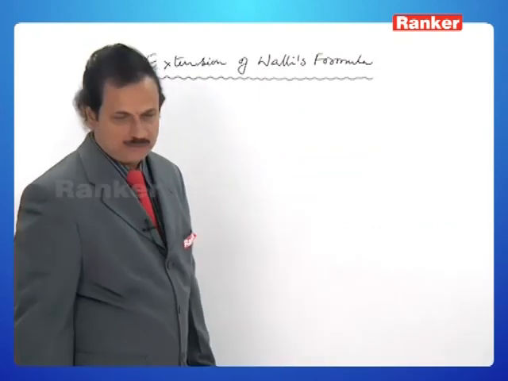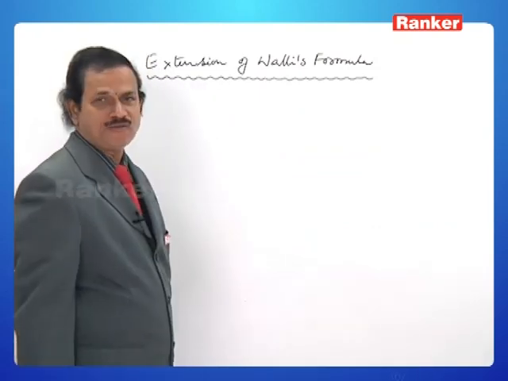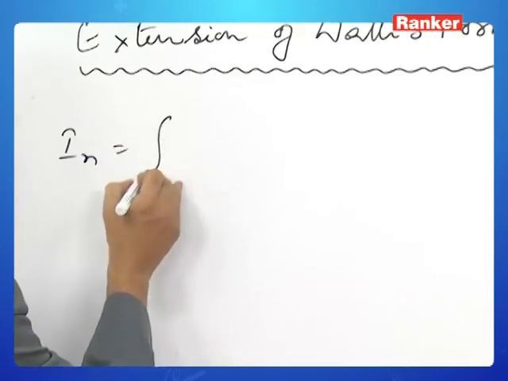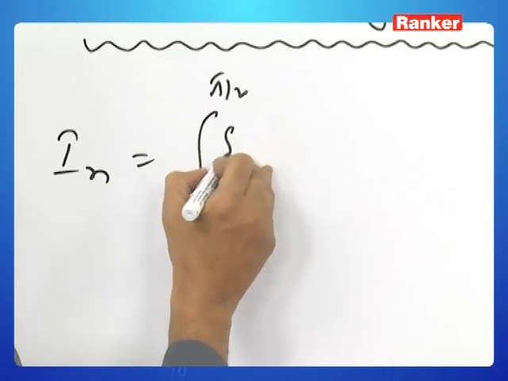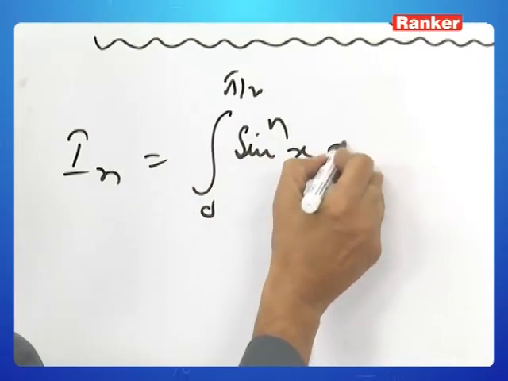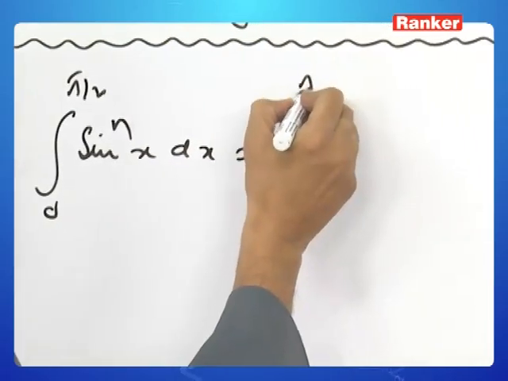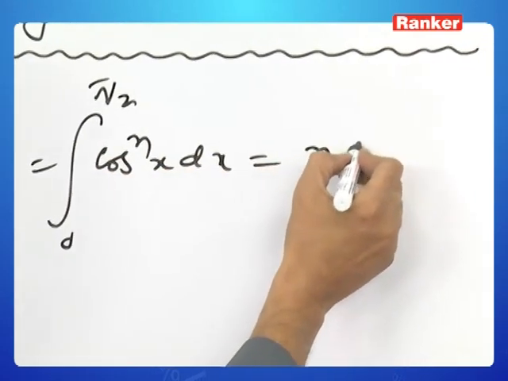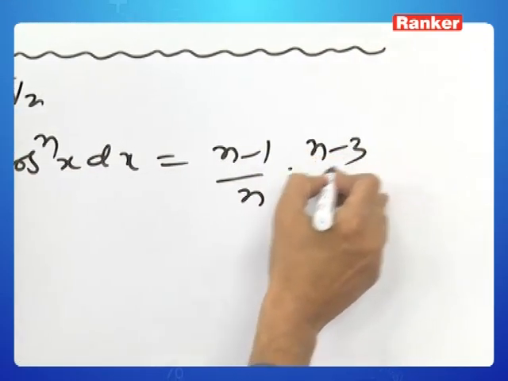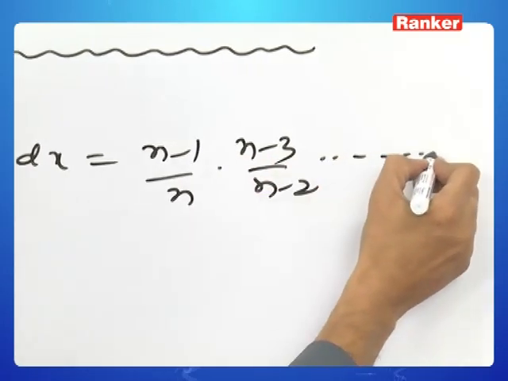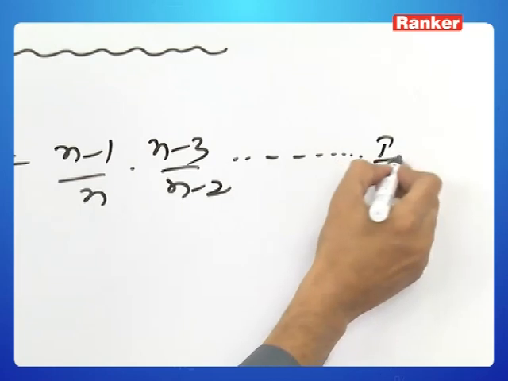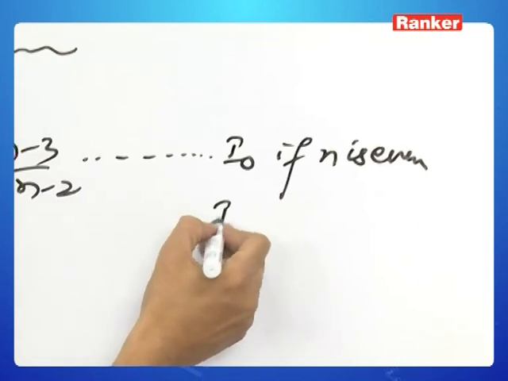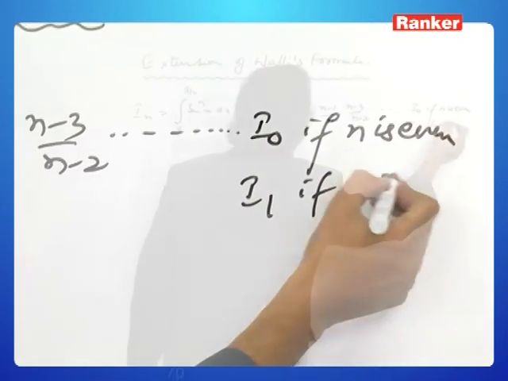Extension of Wallis formula. We could have already noted that the standard Wallis formula is nothing but In = integral 0 to pi by 2 sin^n x dx = integral 0 to pi by 2 cos^n x dx = (n minus 1)/n into (n minus 3)/(n minus 2) into etc., I0 if n is even, I1 if n is odd.